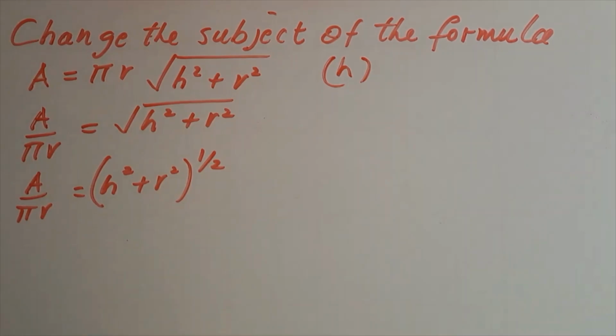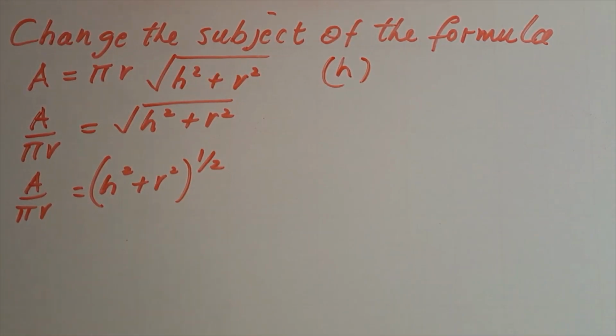And the reason I'm using this is because I can use the law of indices to get rid of this power of a half, or the square root, and then we can get to h squared and then later to h.